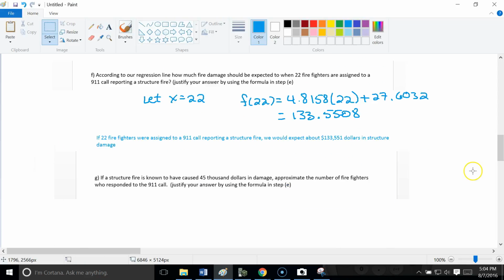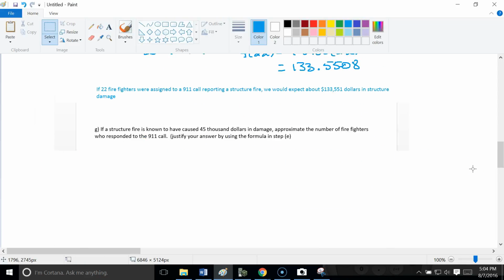Okay, moving on. If a structure fire is known to have caused $45,000 in damage, approximate the number of firefighters who responded to the 911 call. Okay, so we're going to use the exact same formula that we've been using, except this time the value of 45 is the result from some unknown value of x.